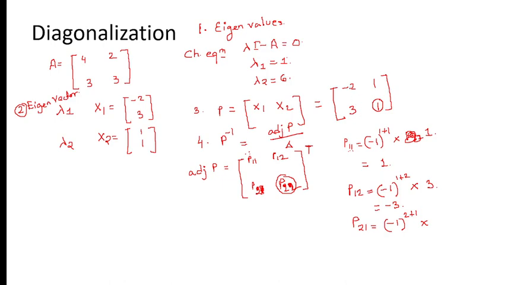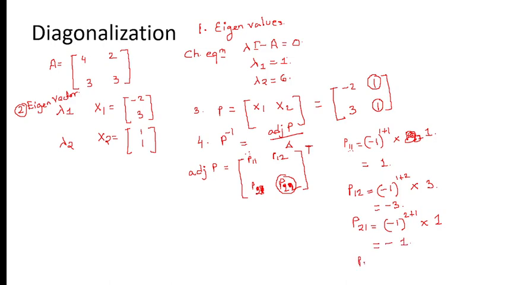When I hide the second row and first column, what remains is 1. So P21 will be equal to -1.